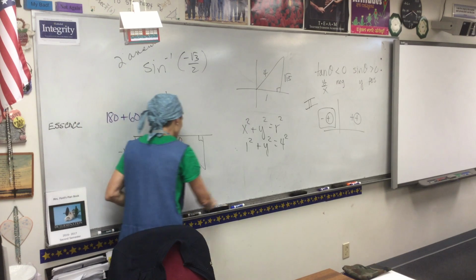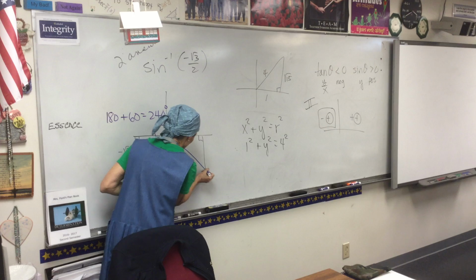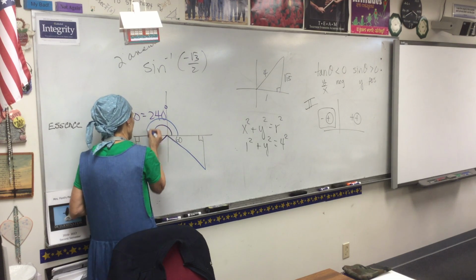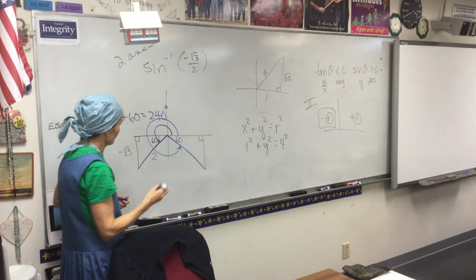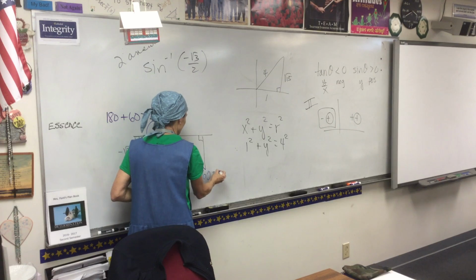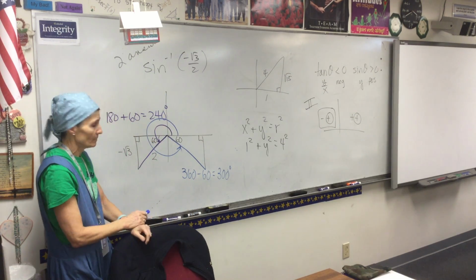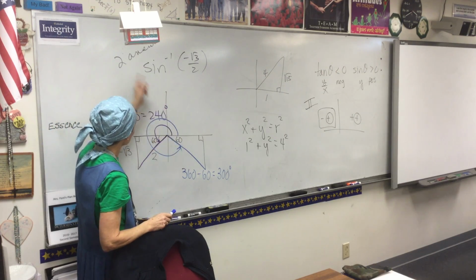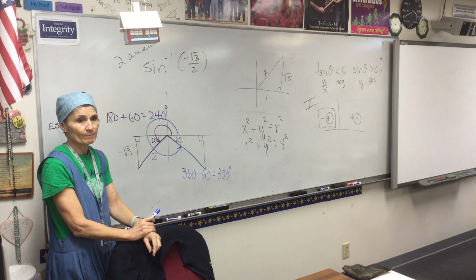And then how many degrees would it take to get all the way around to the blue line? 360 minus 60, which is 300. So the 2 answers to the problem, remember there were 2 answers, 240 and 300.